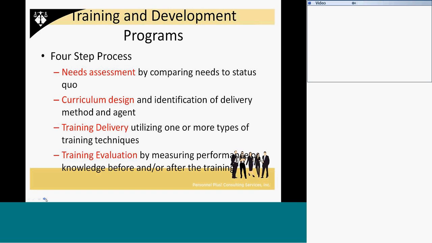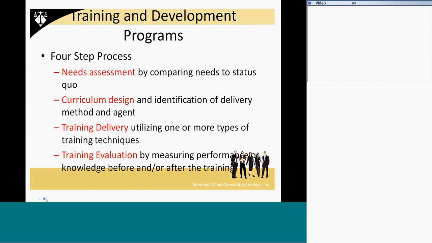You're going to bring in an expert, you're going to do OJT. The next step is actually conducting the training. The final step is measuring whether or not the training that you actually delivered caused the desired change to occur.